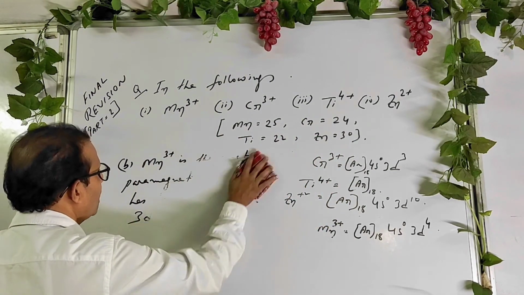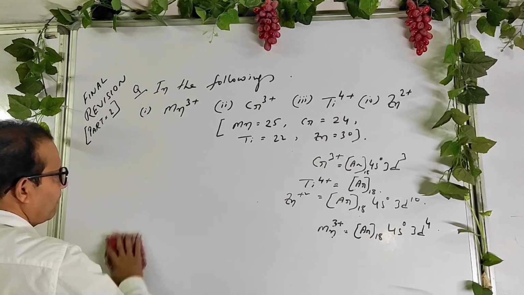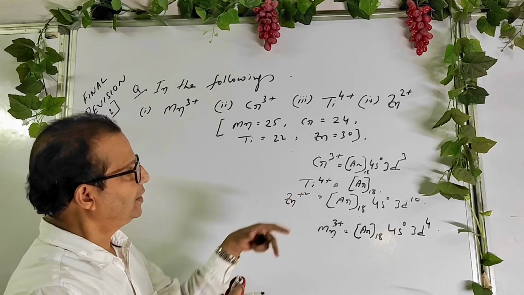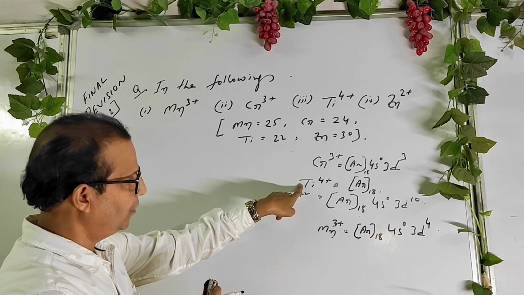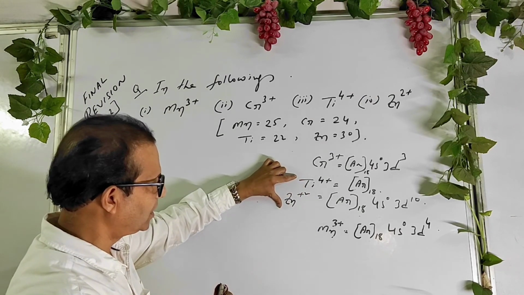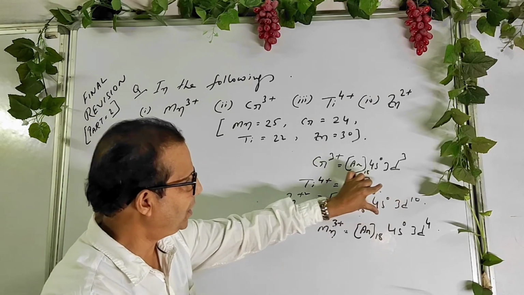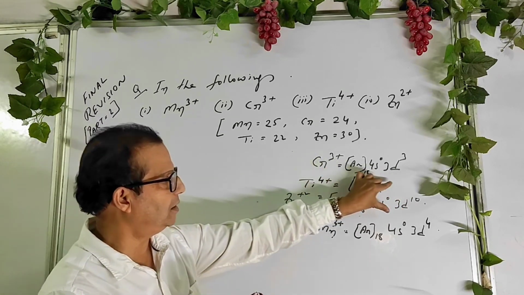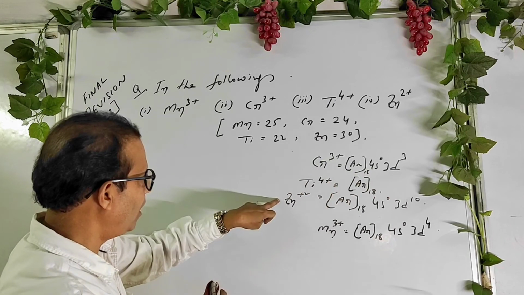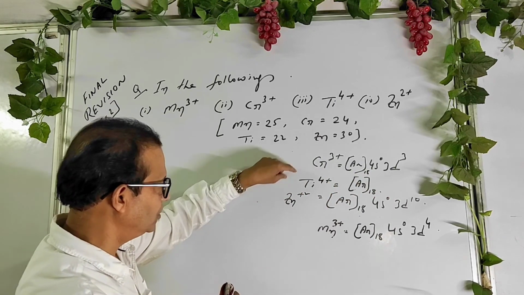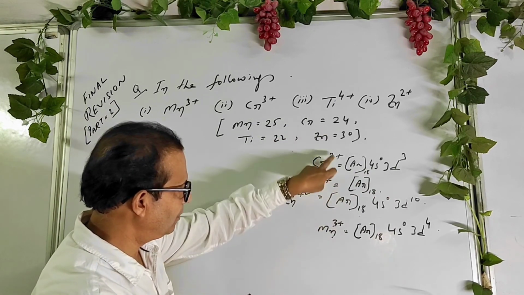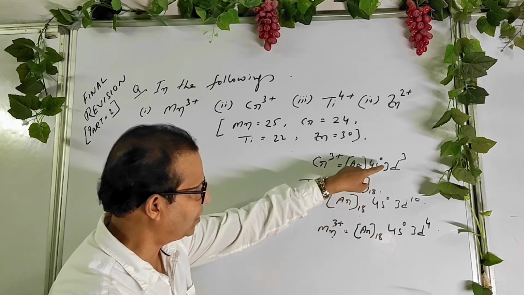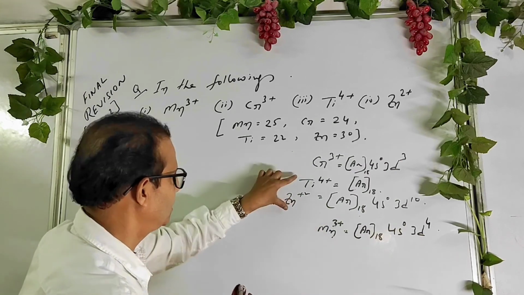So the third answer is titanium 4 positive and zinc 2 positive. In both of them, all the electrons are paired. So both form colorless compounds, while for the others the compounds are colored because they are paramagnetic in nature.